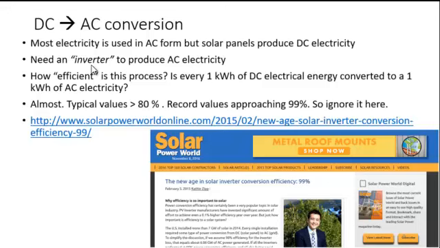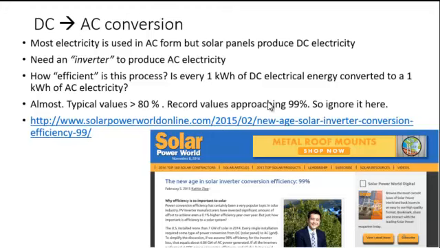So clearly then there becomes an issue of efficiency. How efficient is this process? Do we convert every kilowatt hour of DC electrical energy into a kilowatt hour of AC electricity? And the answer is almost. Most inverters are pretty efficient these days, and typical values are in excess of 80%.